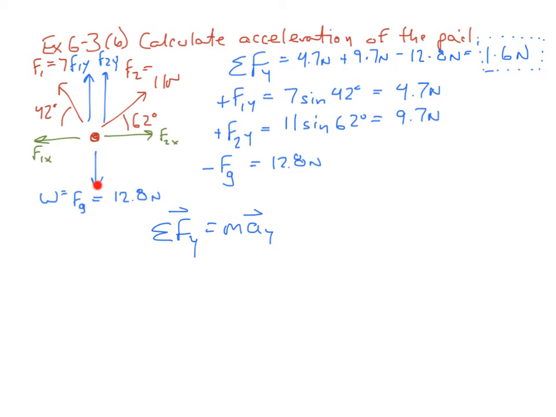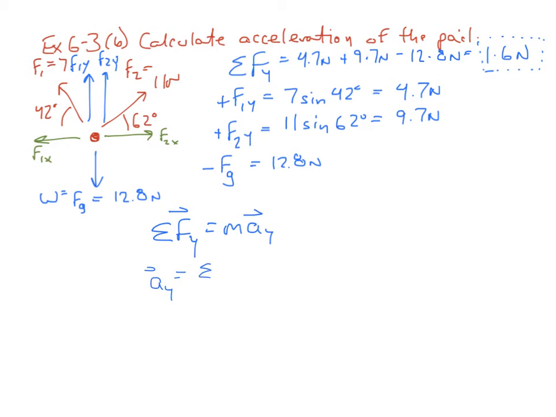Gravity is trying to pull it down, and so with this 12.8 newtons, gravity is worked into that. What's going to happen, like we're actually told in the problem, is that it's going to accelerate upwards. So this acceleration is going to be something different. It's caused by Jack and Jill pulling upwards. So let's turn it around and solve for acceleration in the y direction.